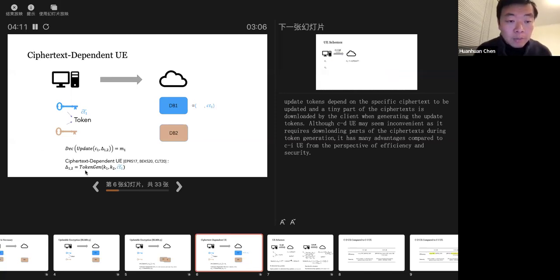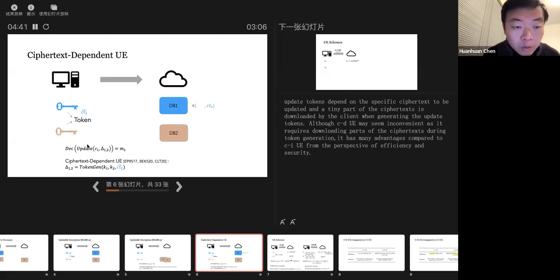More specifically, in ciphertext dependent UE, the token generation process is dependent on the ciphertext to be updated, and a ciphertext header should be downloaded from the cloud to generate the token.